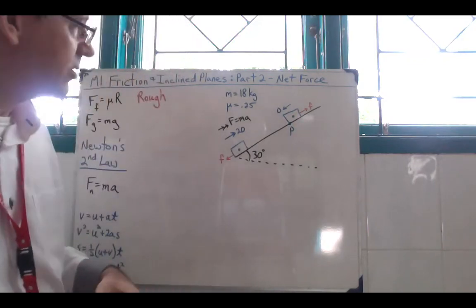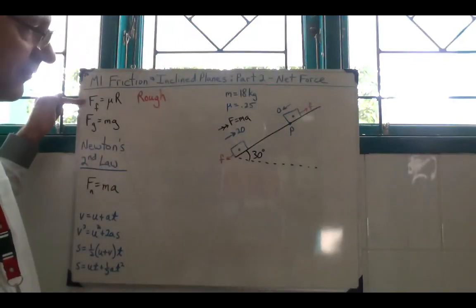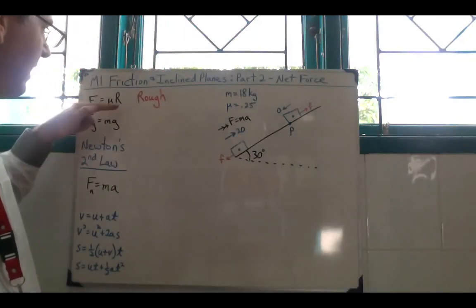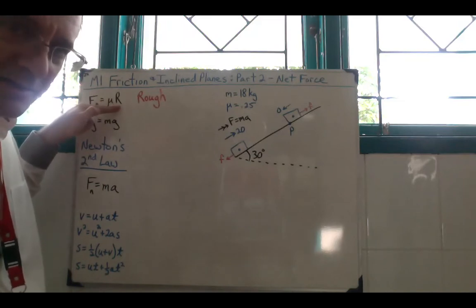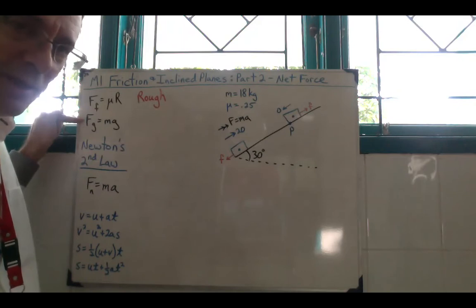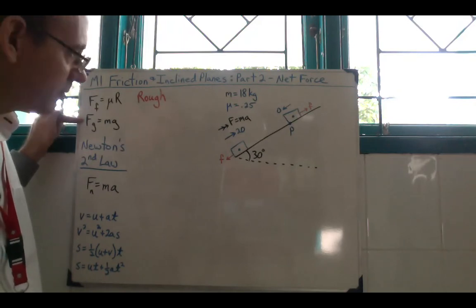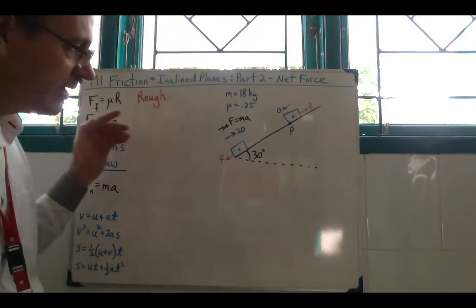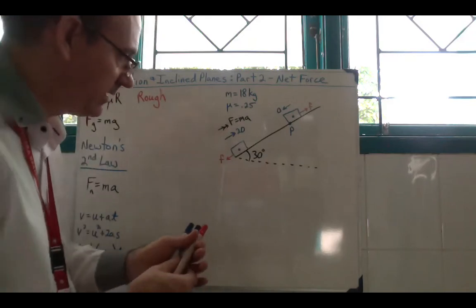So the first thing that we're going to want to do, we've got friction here, so we need to find the normal contact force, and we also need to resolve our force of gravity because we're on an inclined plane.